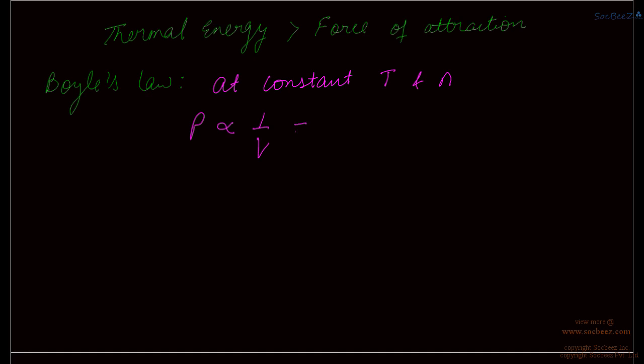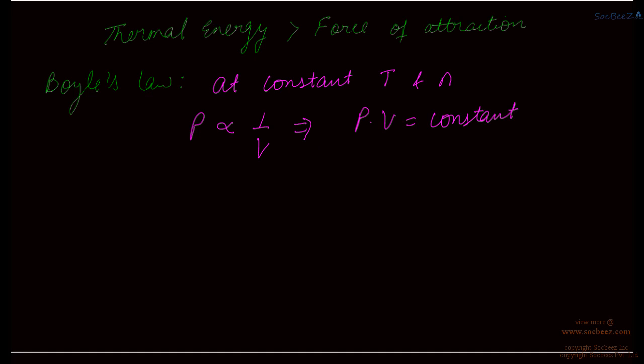So we can also write it as the product of P into V is always constant. In case of an ideal gas, if temperature and the amount of gas are constant, then the product of pressure into volume is always constant.